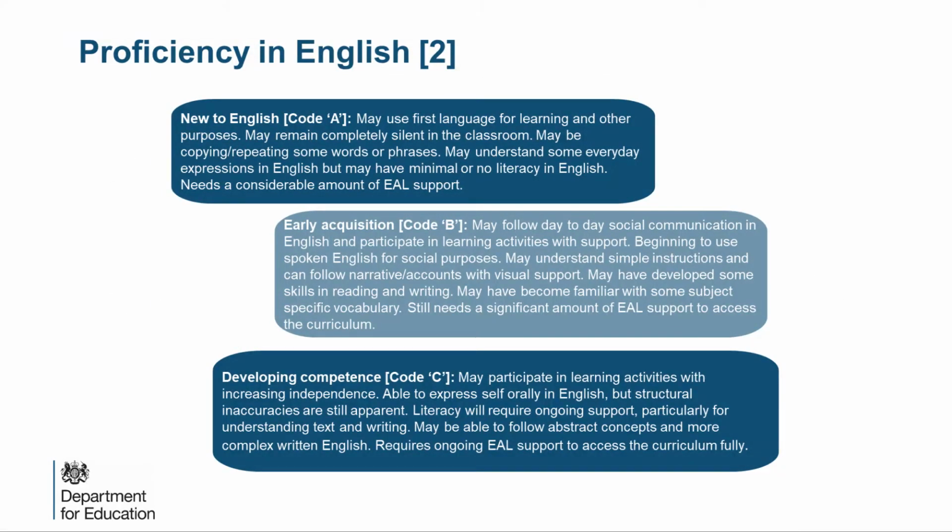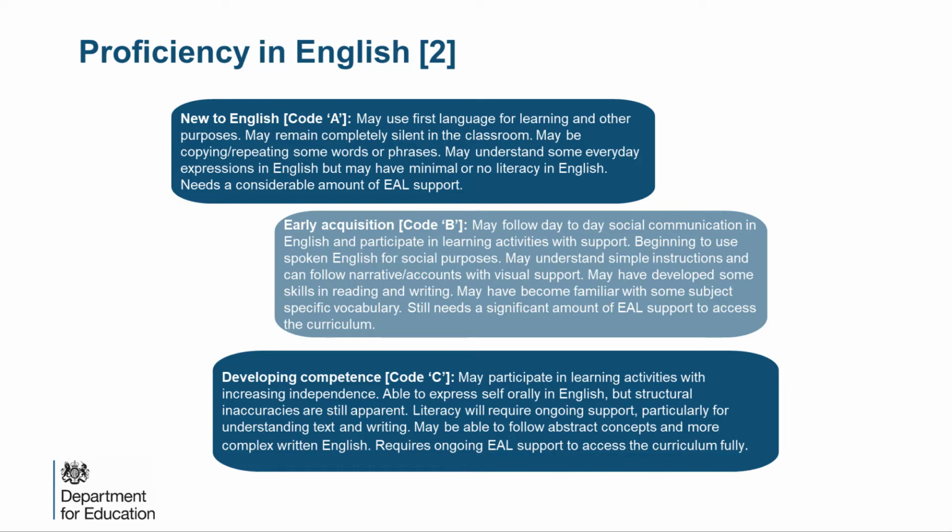Where proficiency in English is required, it is expected that schools will use the position of their EAL pupils against a 5-point scale of reading, writing and spoken language proficiency outlined in the next 2 slides, and make a best fit judgment as to the proficiency stage that a pupil corresponds most closely to.